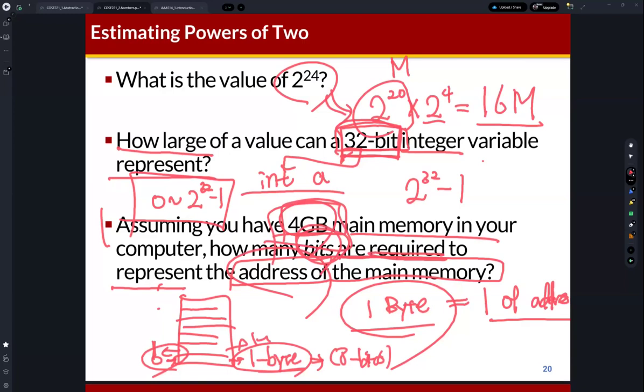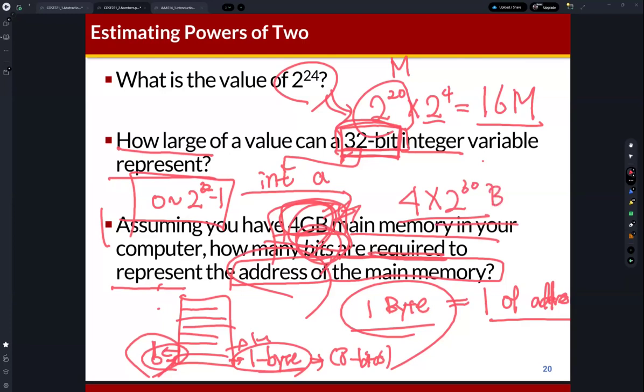This question asks that your computer can store 4 GB of data. Then how many bits are required for the address for this computer? So this is 4 GB of memory, which means this memory can store 4 multiplied by 2 to the power of 30 bytes.